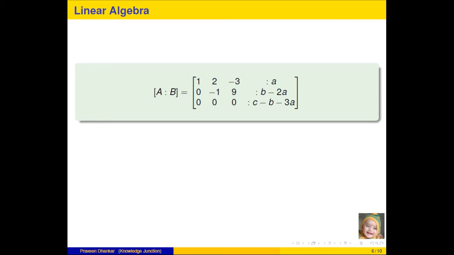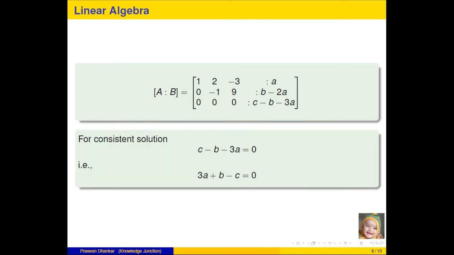Now for a consistent solution, this must be equal to 0, that is c minus b minus 3a equal to 0. So that is 3a plus b minus c equal to 0.